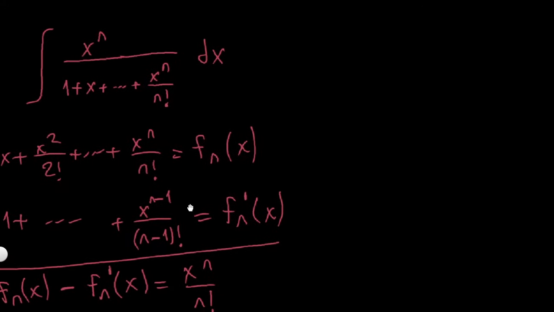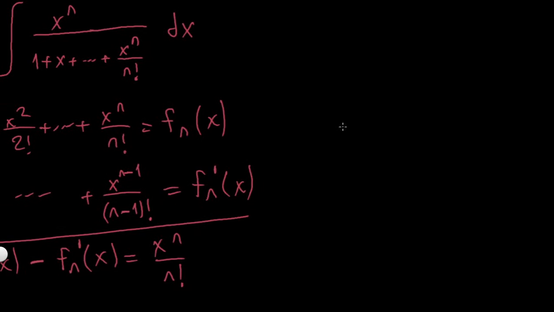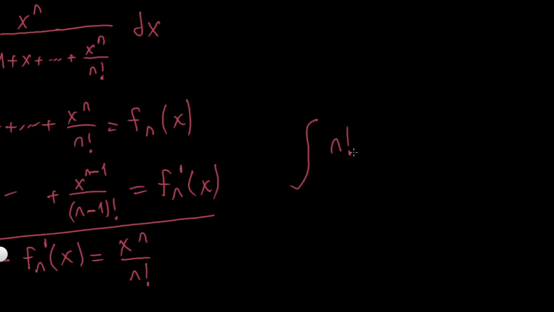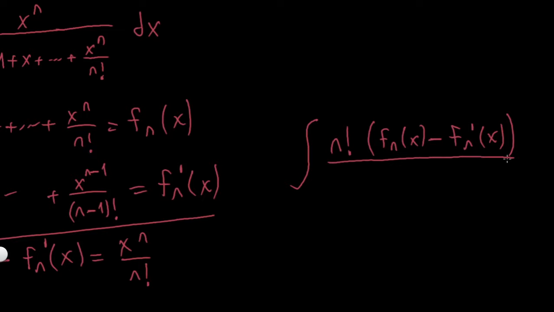So I can rewrite my integral and say, my integral is going to be, I have x to the n, which is n factorial times this thing, n factorial times f_n(x) minus f_n prime(x). This is just the derivative. And at the denominator, I have f_n(x).